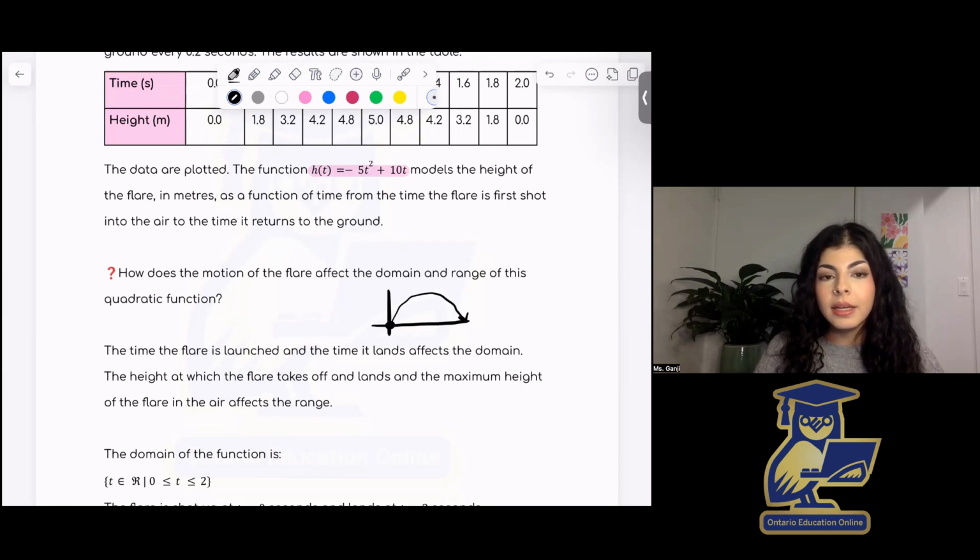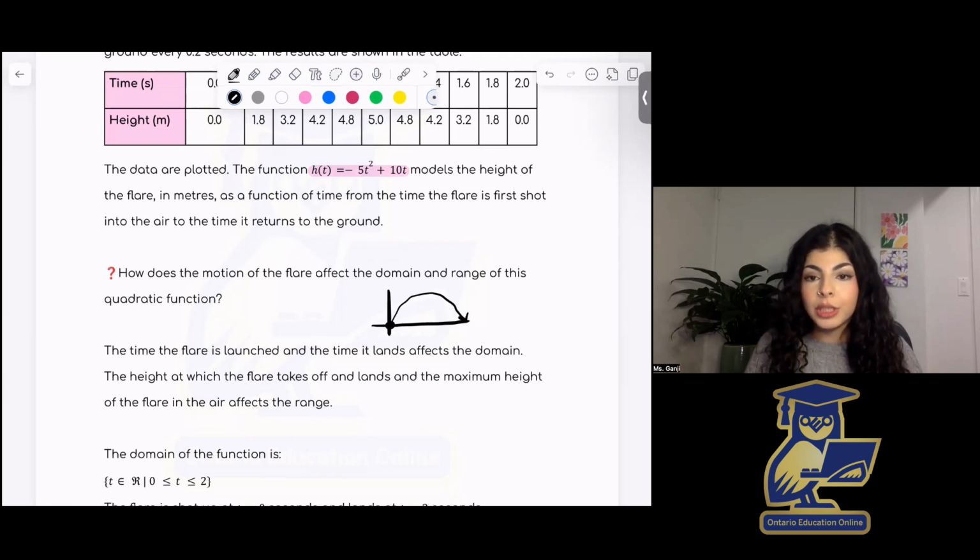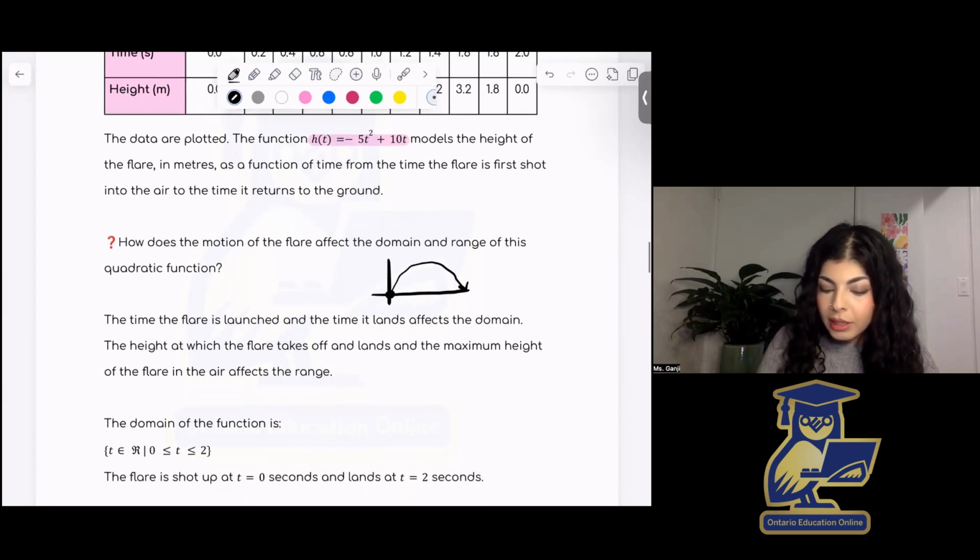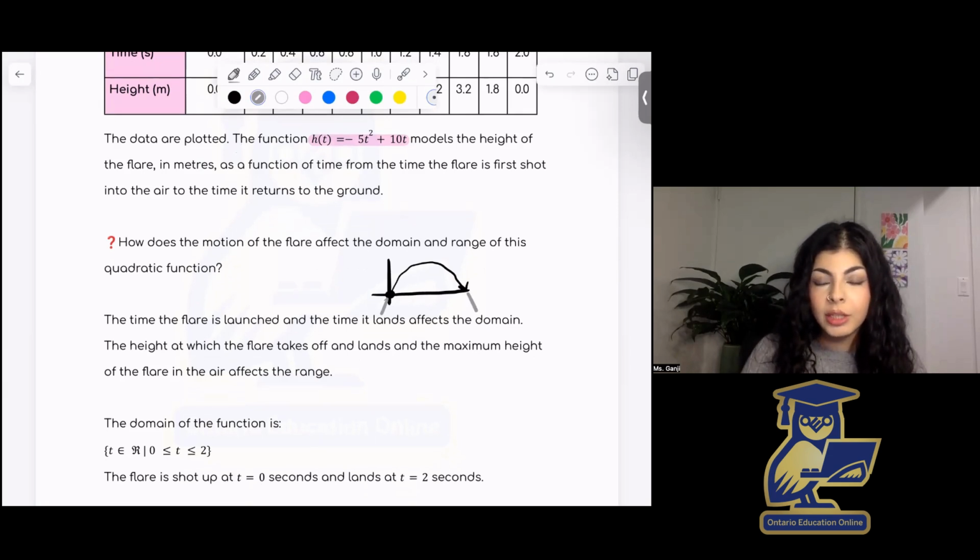Also, as the object is moving through the air, it reaches a maximum height and then goes back down until it reaches the ground. This movement will give us a restriction for both the domain and the range. With real world applications, although the parabola will continue beyond based on the equation h of t, we want to interpret the domain and range within the problem.